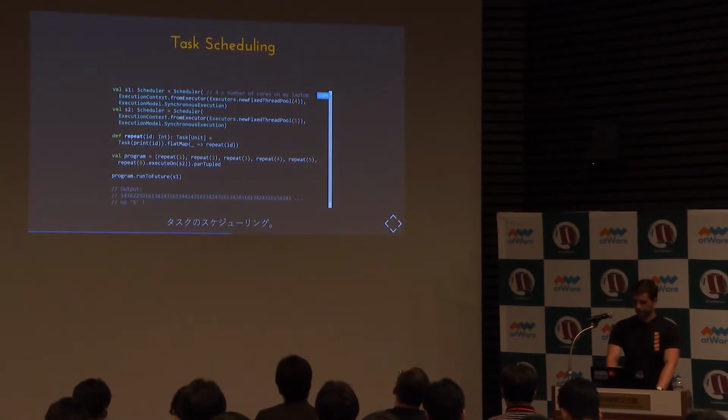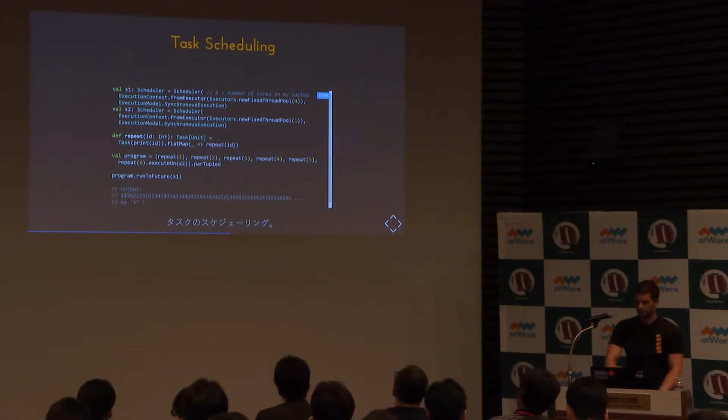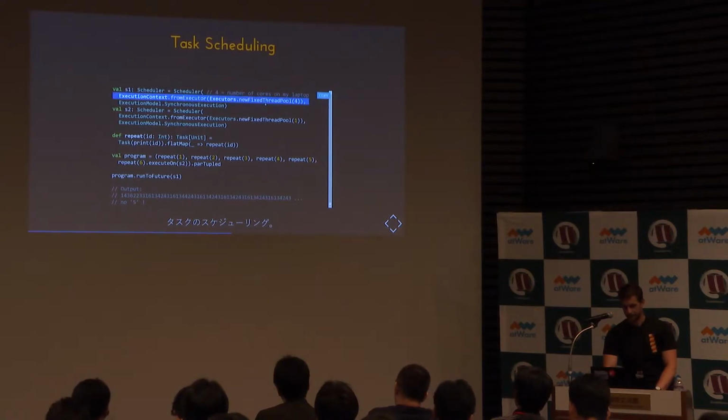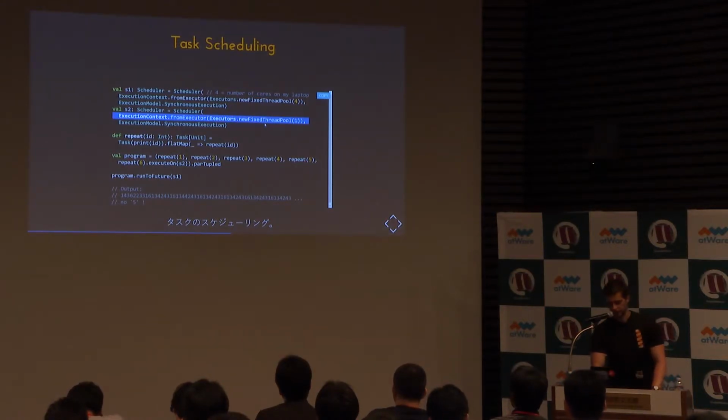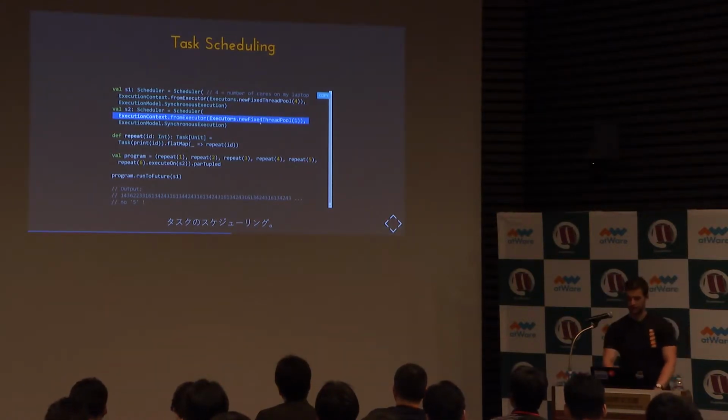So here I have a more involved example to showcase maybe more when you have more thread pools and also more threads than we have CPU cores. So the first scheduler will have 4. This is the number that in theory I can run things in parallel. And then we have another scheduler with just 1.